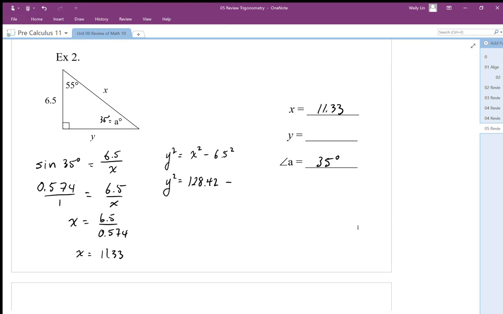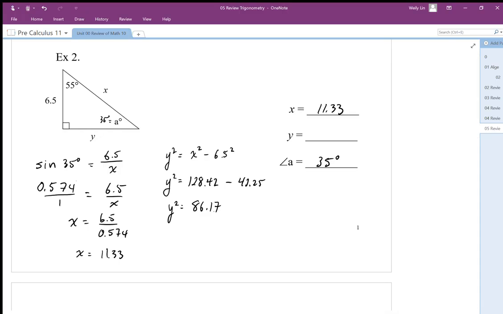Okay, so 6.5 squared is going to be 42.25. So I get the y squared value is 86.17. I'm solving, so I want to be able to get a value.